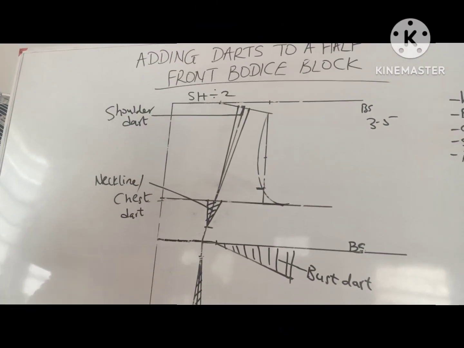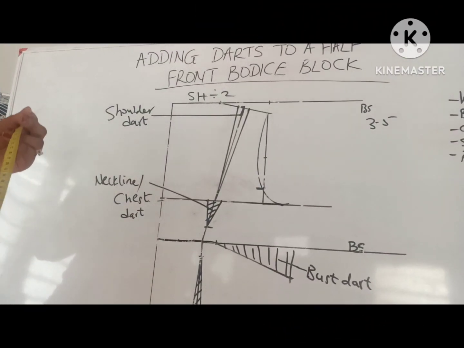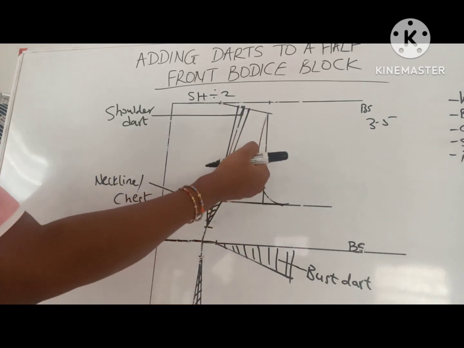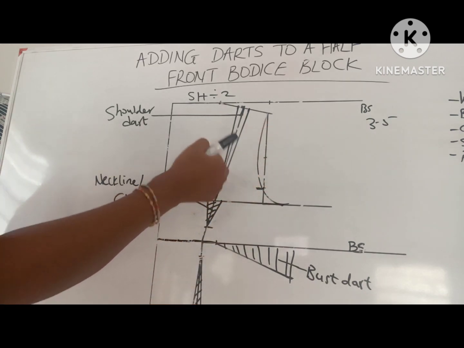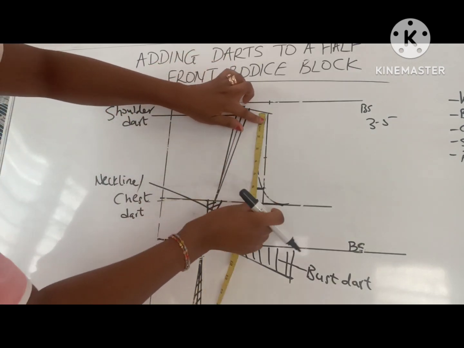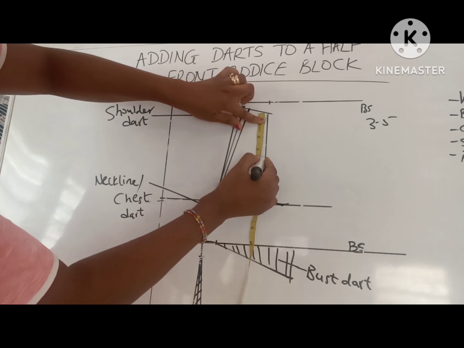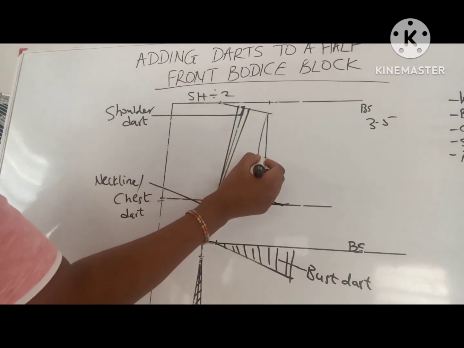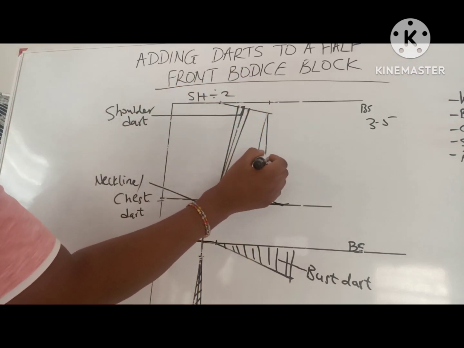The final dart we'll be looking at is the princess dart. The princess dart usually comes from the midpoint of the armhole depth. Our armhole depth is 7, and this is the midpoint. So this is where the princess dart usually comes from.